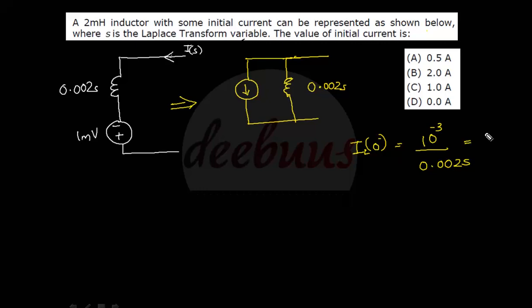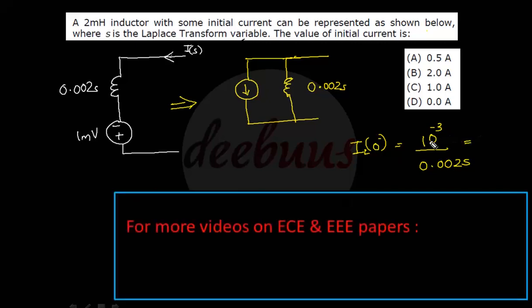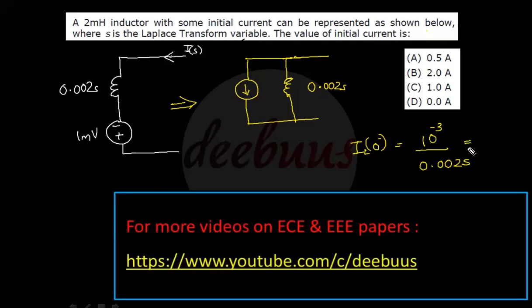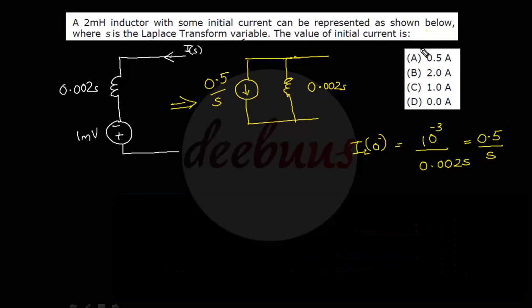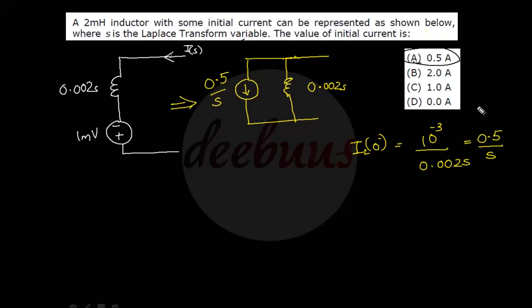So that turns out to be 1000 by 2000, right? So the value turns out to be 0.5 by S. So the value of the current source is 0.5 ampere.